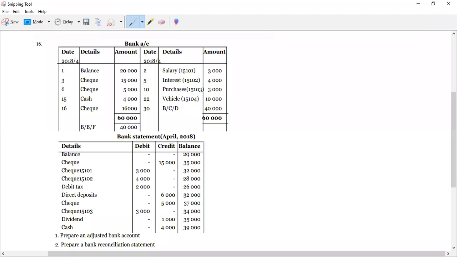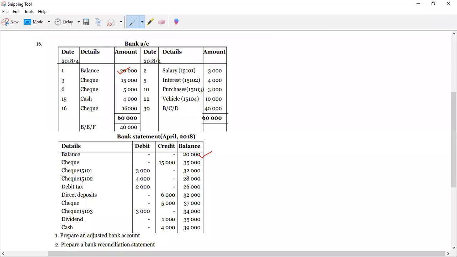The bank statement balance is also 20,000. You can put a tick like this. Okay.